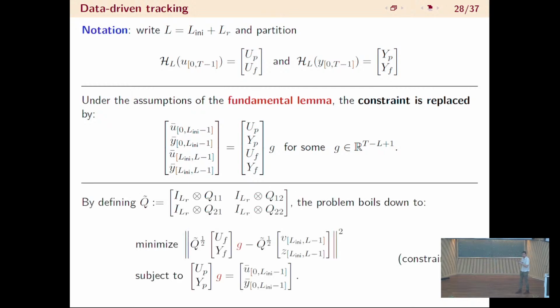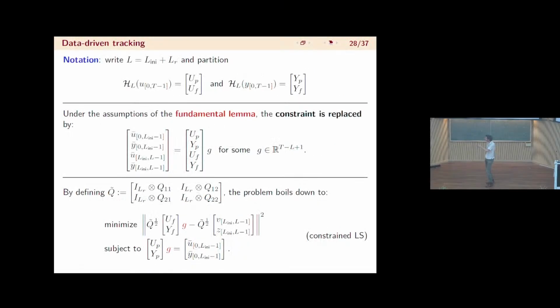Now, in particular, what one can show, again, not showing all the details, is that if you define this extended Q matrix, Q tilde, which I did here on the slide using what's known as a Kronecker product, so we have the Kronecker product of identity with Q11, and so on, then you can reformulate this data-driven tracking problem as this constrained least squares problem.